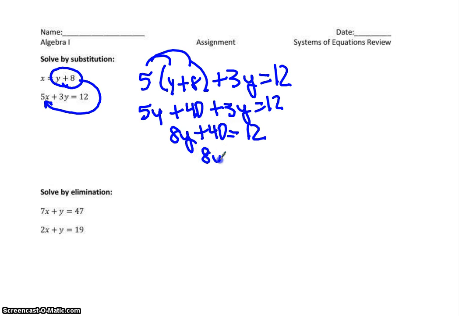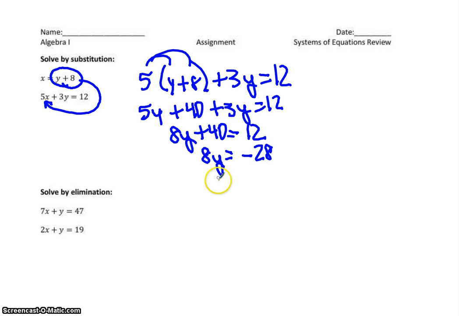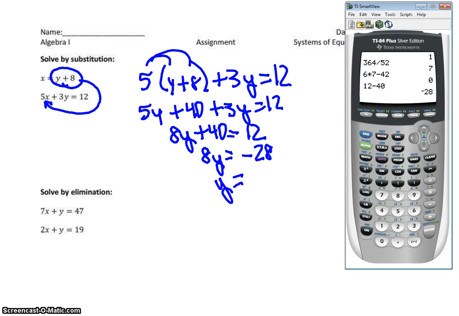Subtract your 40. 8y is equal to negative 28. You're going to divide by 8, and you're going to get y is equal to negative 3.5.